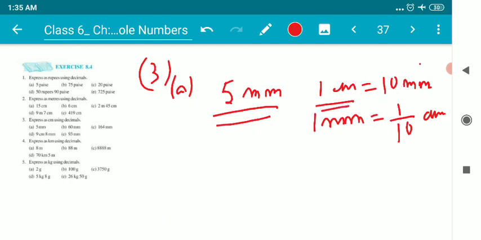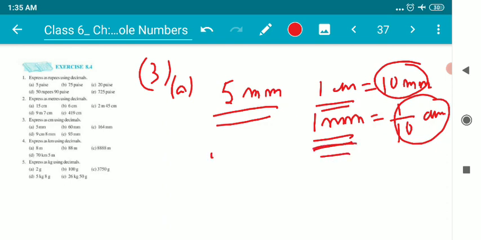Now if 1 millimeter is equal to 1 by 10 centimeter, what about 5 millimeter? 5 millimeter means 5 into 1 by 10, just like questions A and C of number 2.